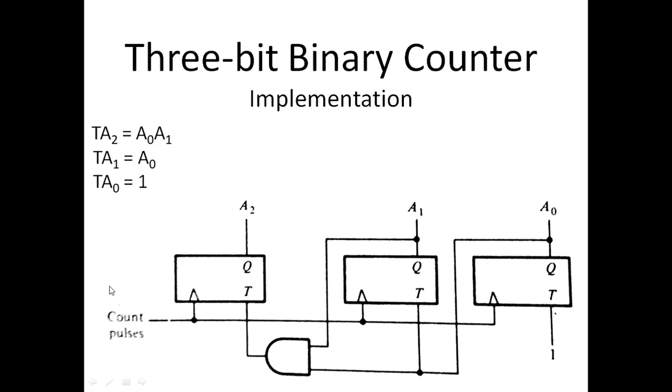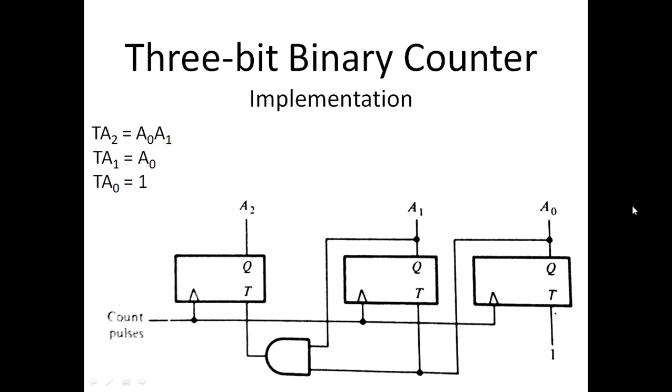So whenever the clock pulse occurs, it changes the current state to the next state according to the excitation table shown before. So this is a 3-bit binary counter that counts in ascending order starting from 0 until 7 and then it repeats.